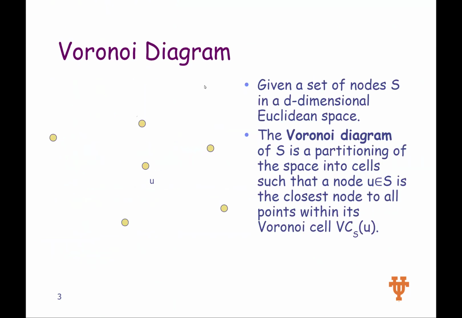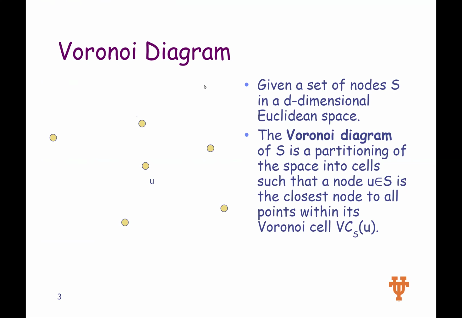Okay, let's start. What is a Voronoi diagram? A Voronoi diagram takes an input of a set of nodes, and this set of nodes is in a d-dimensional Euclidean space. So the figure is just 2D, two-dimensional. It actually can be d-dimensional, right?